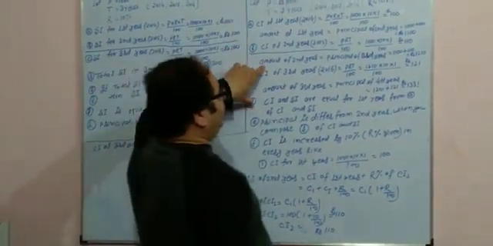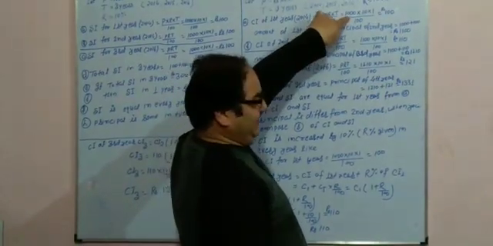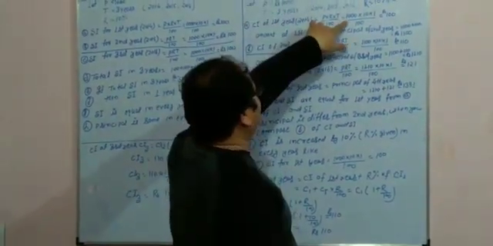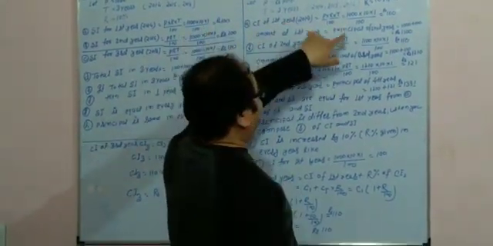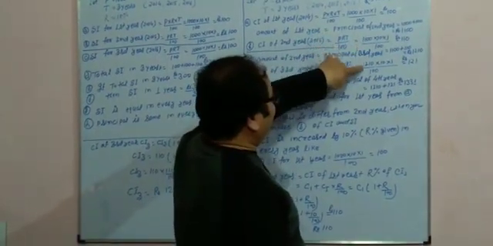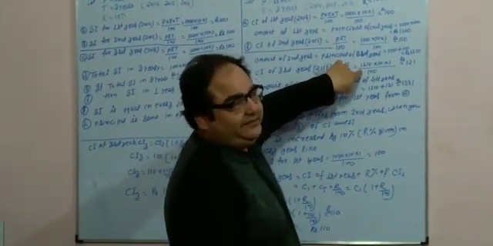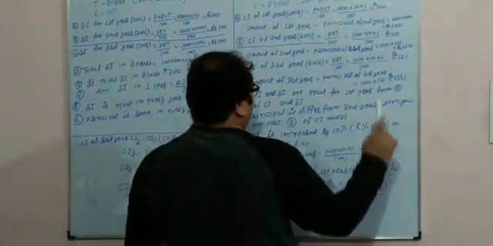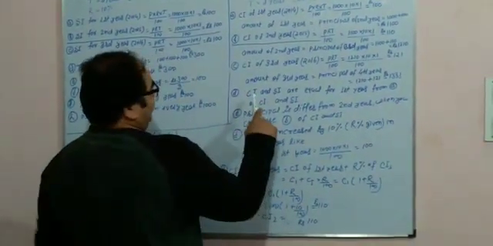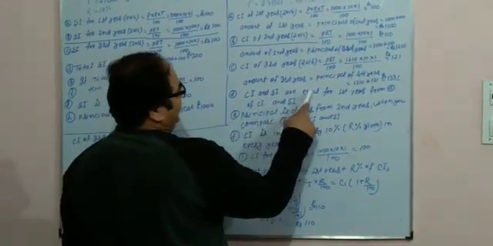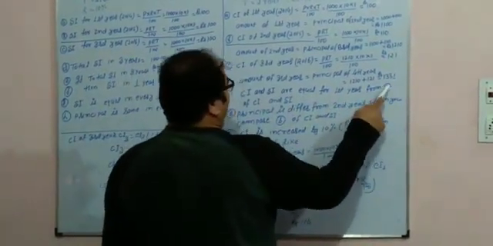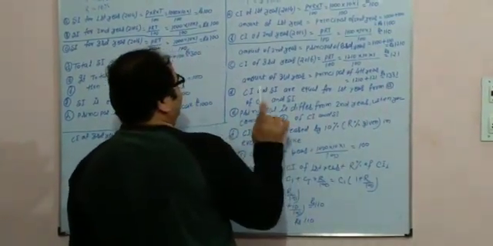But in compound interest, the first year the principal is the same, but from the second year and third year the principal varies in compound interest.